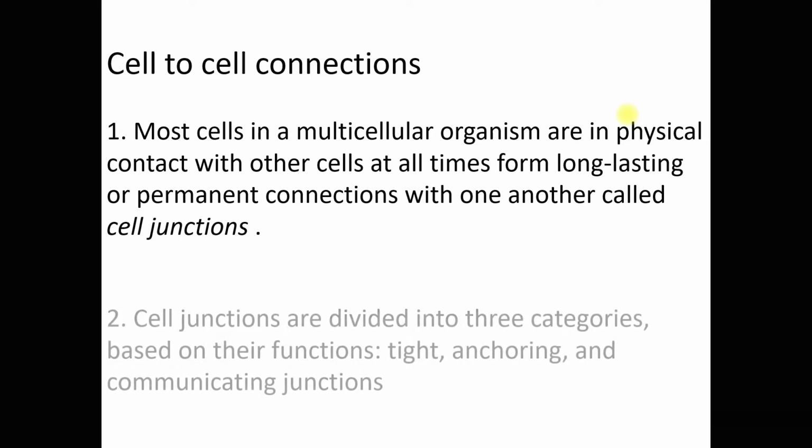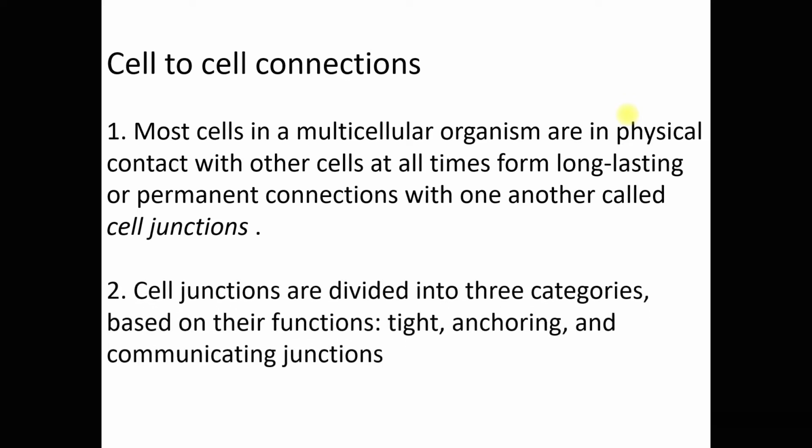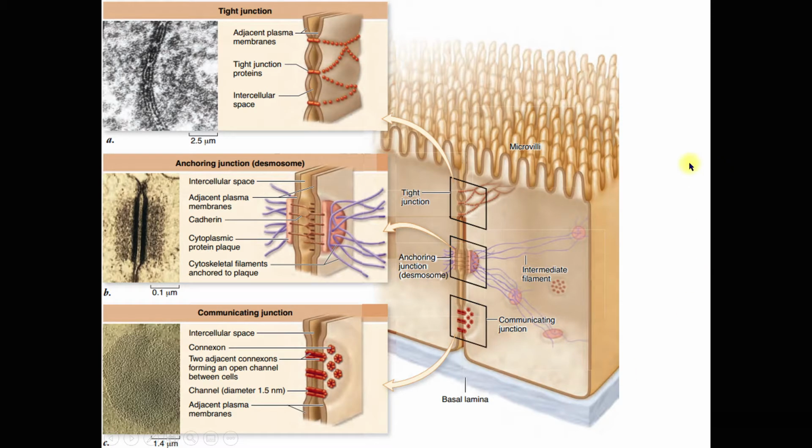The cell junctions are divided into three categories based on their functions, and they are the tight junction, anchoring junction, and communicating junction. Mari kita tengok one by one. Ini ialah tight junction, antara sel dengan sel dalam tisu kamu.